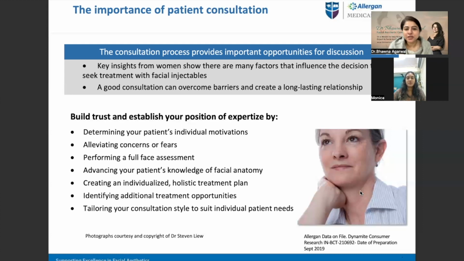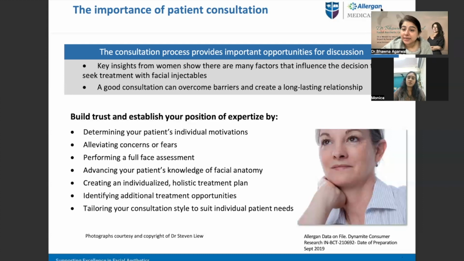So the consultation process provides important opportunities for discussion. Key insights from women show that there are many factors that influence the decision they take to seek the treatment. Why is it important for you to know why they want the treatment done? Because that is how you will deal with the treatment. If the reasons for them getting the treatment done are right, then okay, go ahead.